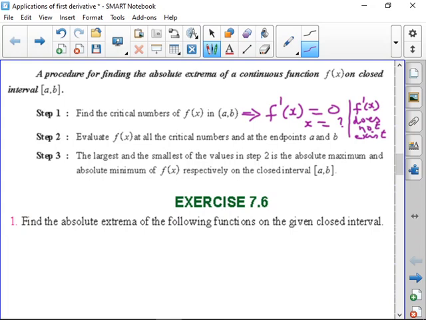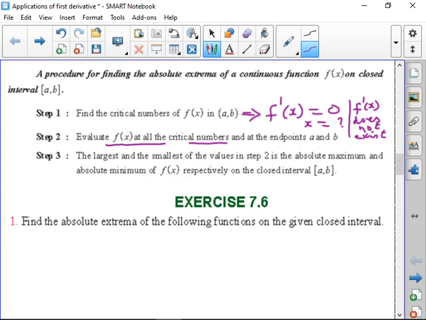that point is also called a critical number. Okay, then what is the second step? Evaluate f of x. Okay, இந்த critical points இருக்குல்ல, இத கொண்டு போய் நம்ம f of x ல substitute பண்ணணும் at all the critical numbers and at the end points a and b.